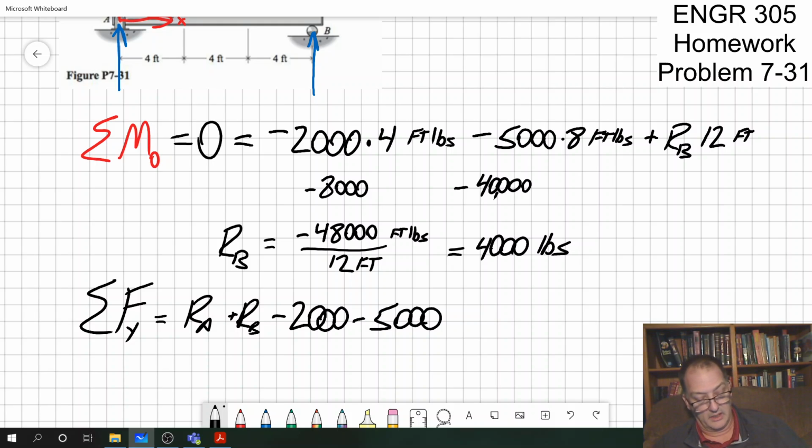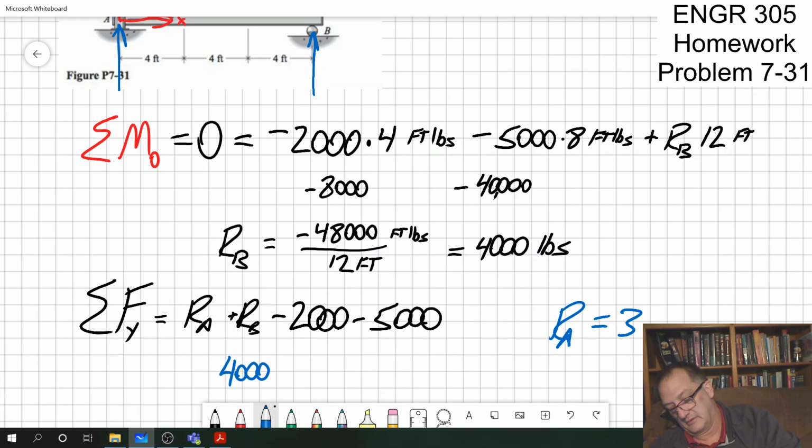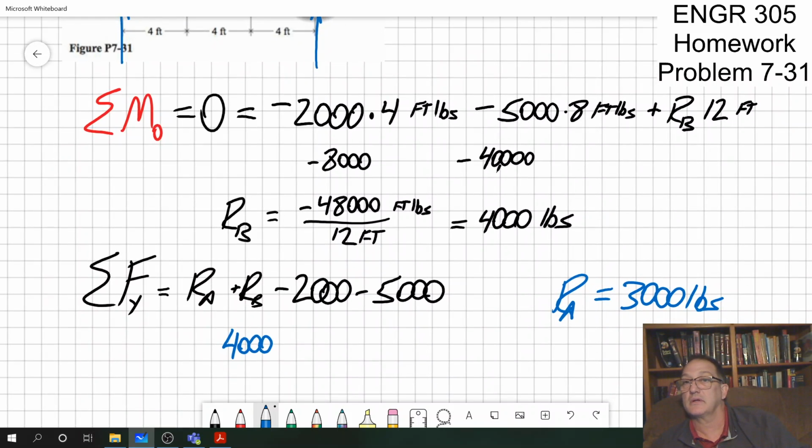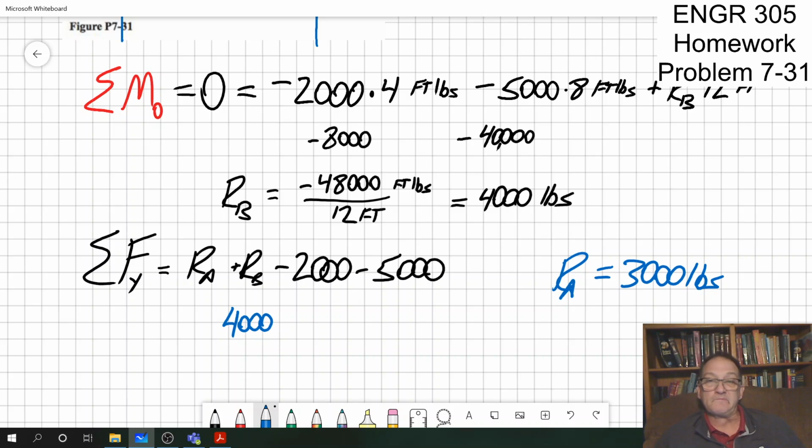Oh, but I already know RB, so that's going to be 4,000. So RA, out of all that, RA is equal to 4,000 minus 3,000. Put that right under my picture. It's good. We should get rid of that picture.